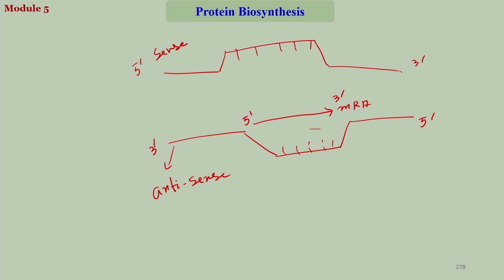Let us say this is A, T, G, C, A. So, this has to be originally T, A, C, G and T.